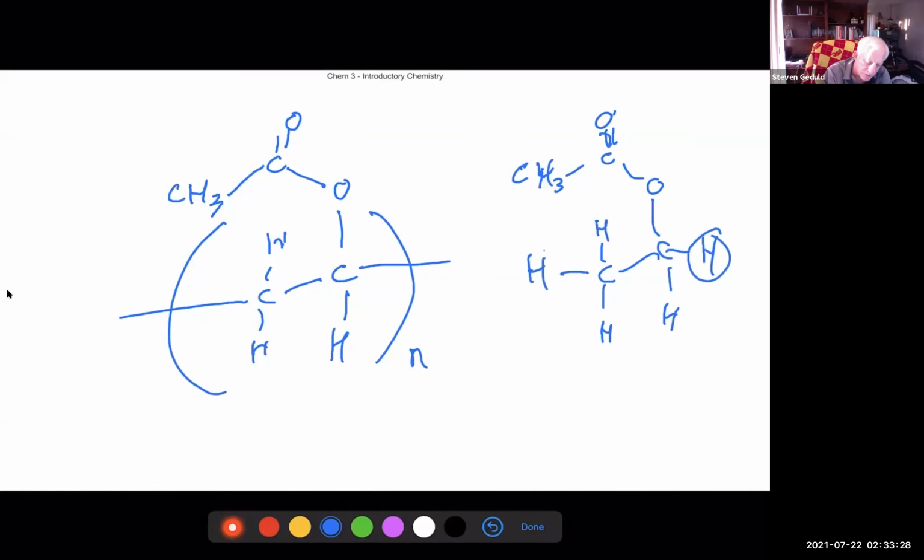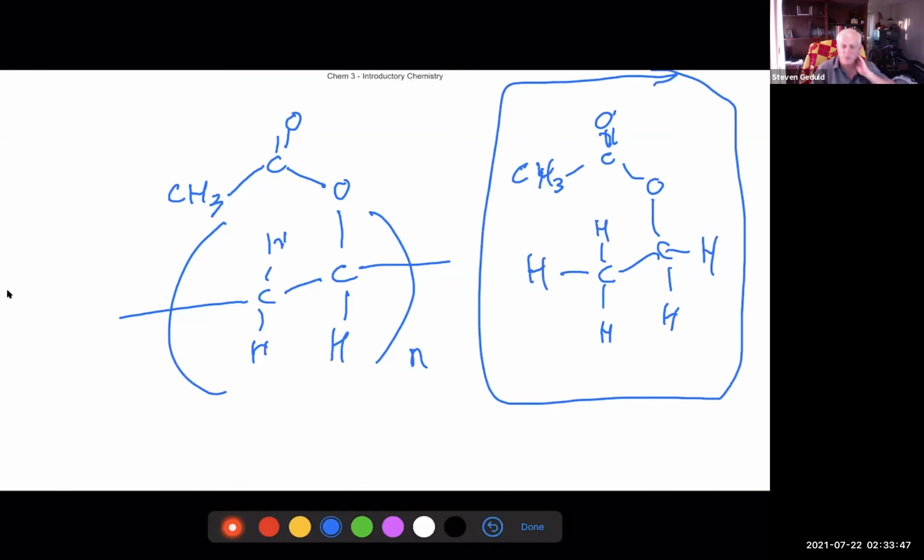So those would be hydrogens at those places. That would be the monomer. And you're just removing these hydrogens when you form the bond. So this is the monomer right here. Monomer is just a single unit. Polymer is that unit over and over and over and over again being repeated.